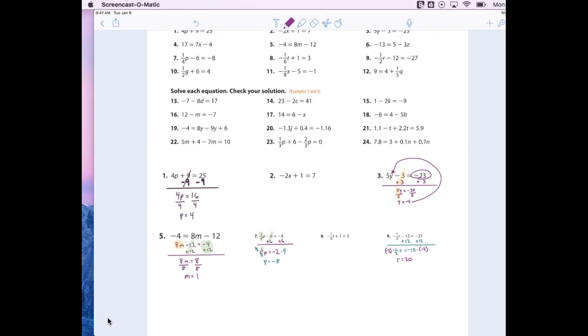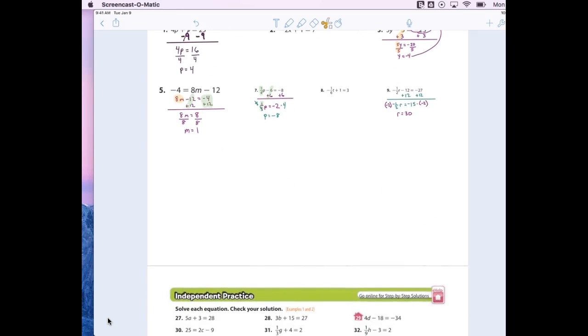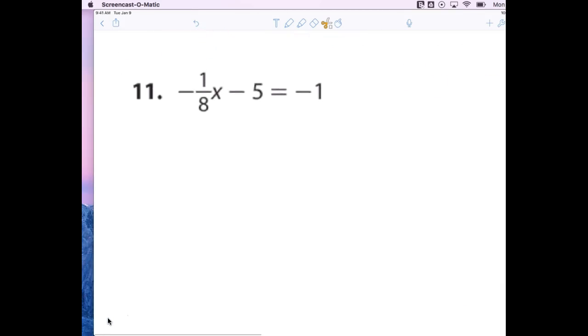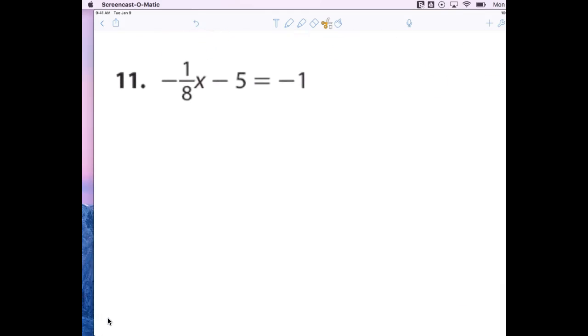I'm putting 11 up now. What do I do? Plus 5, good job.